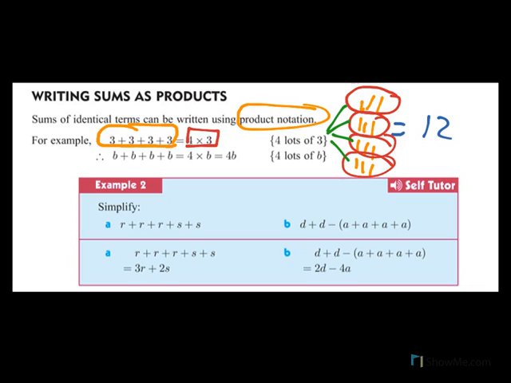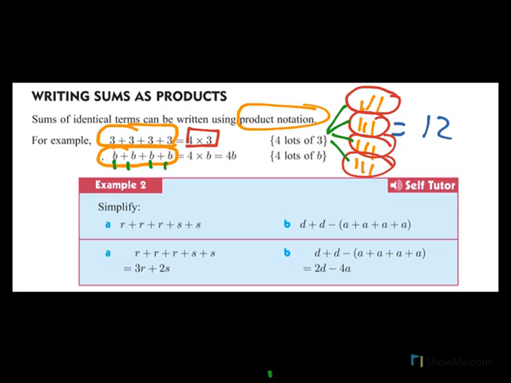Well, we can do that with letters and terms. So here we have an example of B plus B plus B plus B. Now, we do not know what B is, but we do know that there are 4 B's. Here's 1, 2, 3, 4.